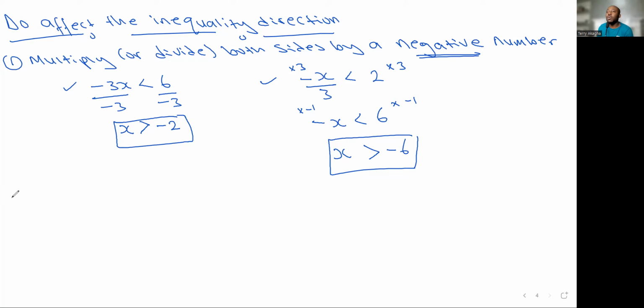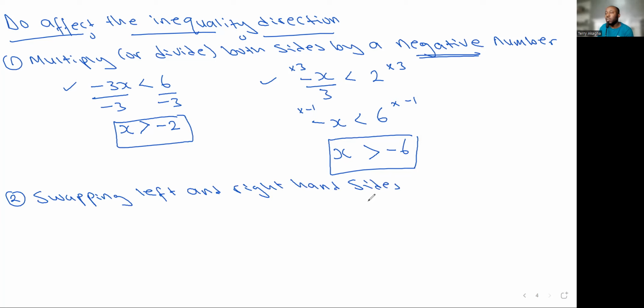Now, the most important one I want you to keep in mind is what we call swapping left and right sides. So when you swap the left and right hand sides, for example, if x is less than 6, and you want to bring the left to the right and the right to the left, it's going to become 6.